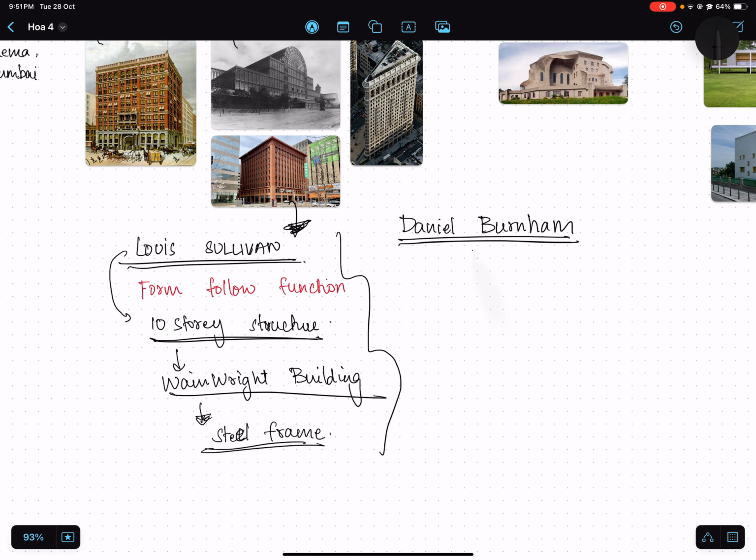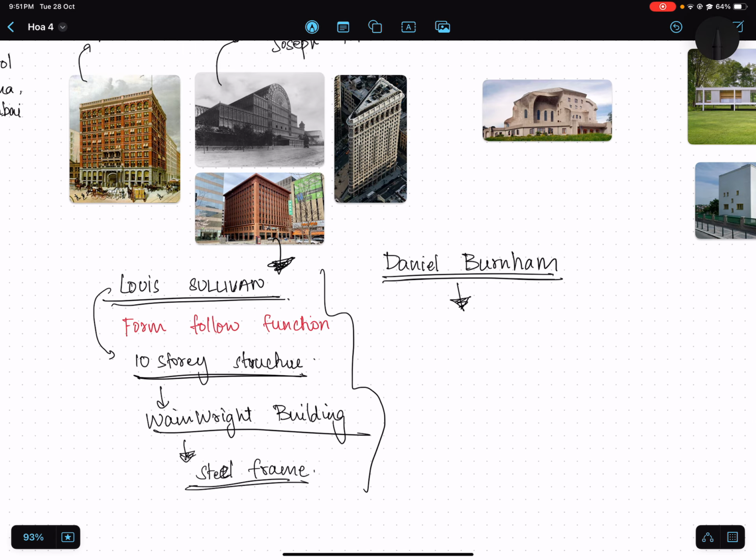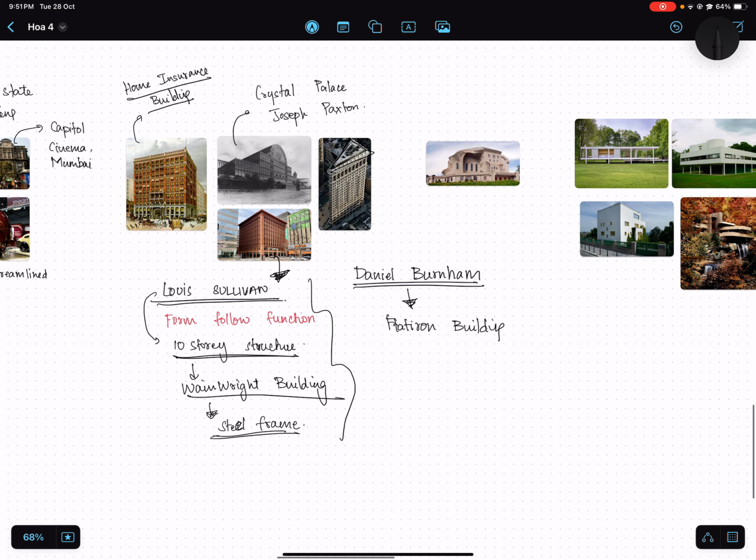So Daniel Burnham, he was also an urban planner, but the skyscraper that he designed became kind of the most famous structure in the US, the Flatiron building, which is this. So it had a triangular plan. I'm sure a lot of us would have seen this structure. So this is the Flatiron building by Daniel Burnham.